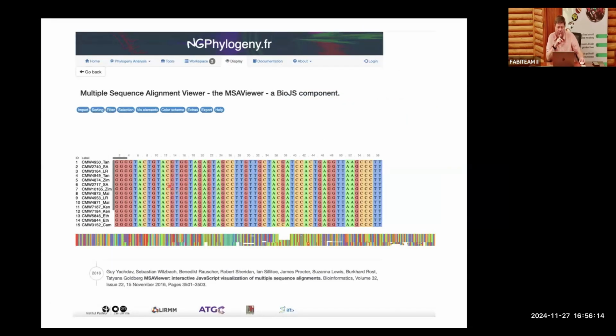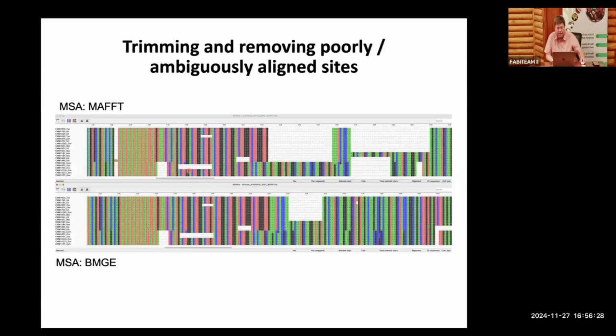So what it does is remove those positions in the alignment where there's low confidence in terms of the algorithm that's used. Now you can't see much here, so in the next slide I'm showing you the result. The top is directly from MAFFT, and the bottom one is the analysis using BMGE based on the alignment from MAFFT.